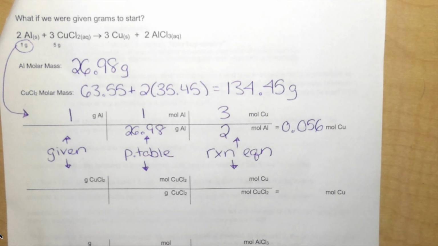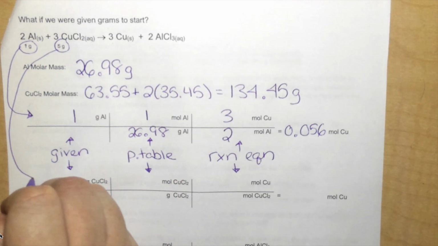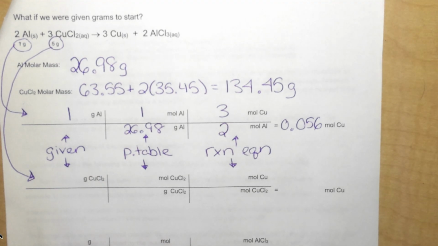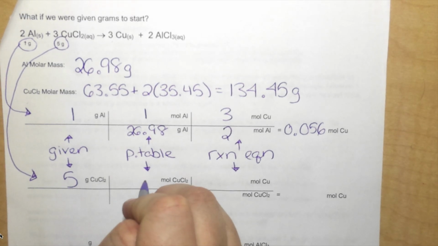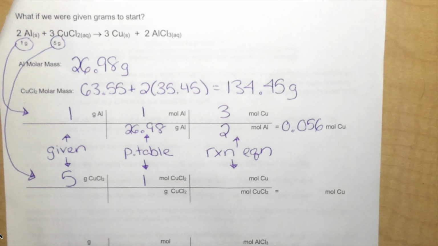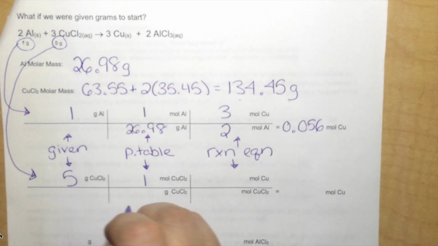So now we have to do this whole process again, starting with the copper chloride. So we take that 5 grams of copper chloride, and that's going to go in my first box here. So I have 5 grams of CuCl2. Now for 1 mole of CuCl2, I have 134.45 grams, so that's going to come down here.